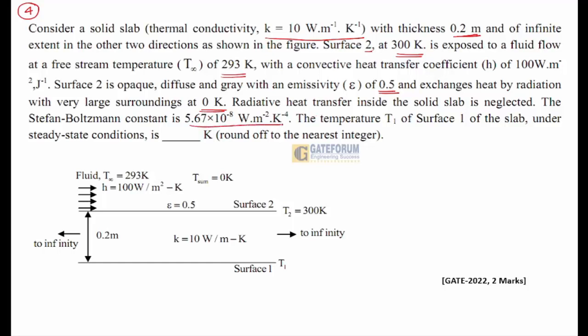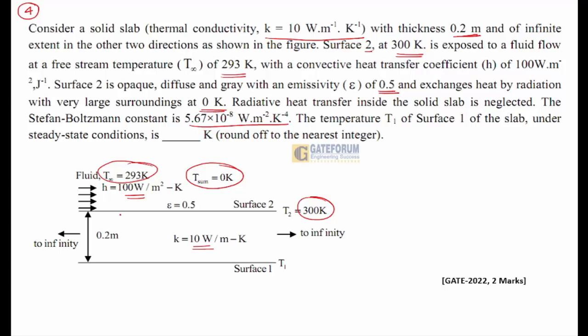Stefan-Boltzmann's constant is 5.67 into 10 power minus 8. The temperature T1 of surface 1 of the slab under study condition. So he has given the fluid temperature, h value, T2 temperature and K thermal conductivity.